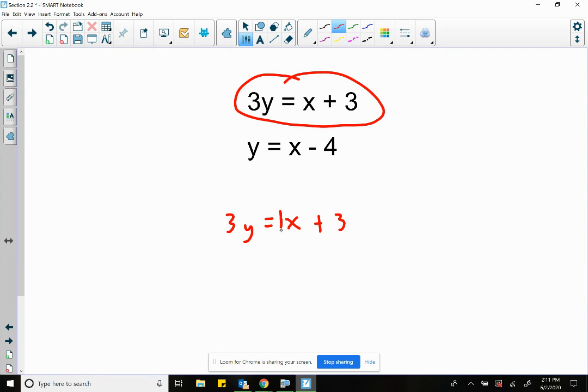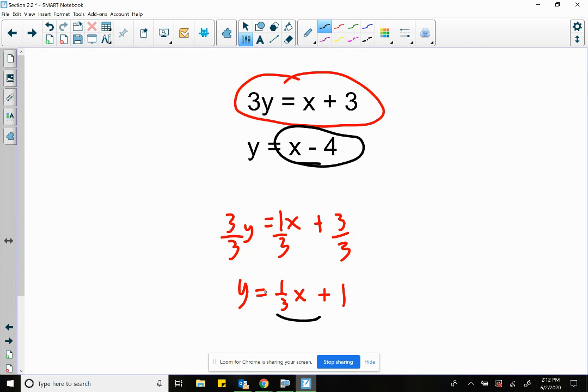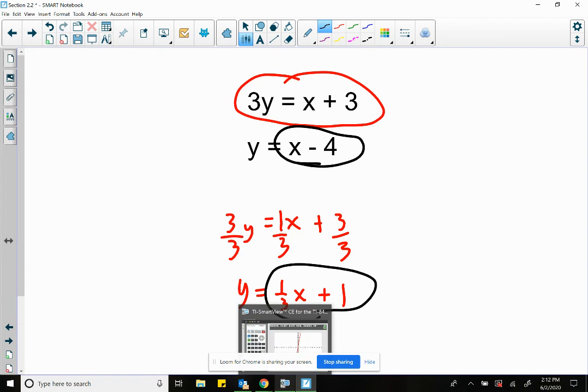So we're going to divide by 3, and divide by 3, because whatever number's in front of y, we divide by it. So y equals 1/3 x. This guy becomes plus 1. And now we're ready to go and put our two equations in the calculator and let it do the job.